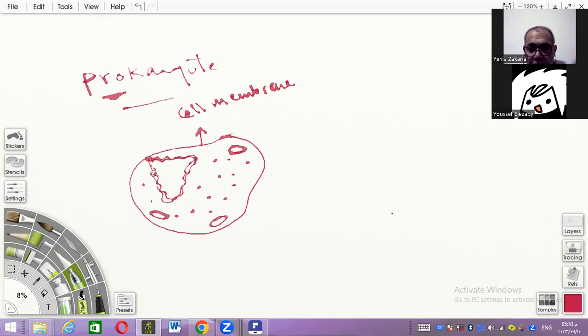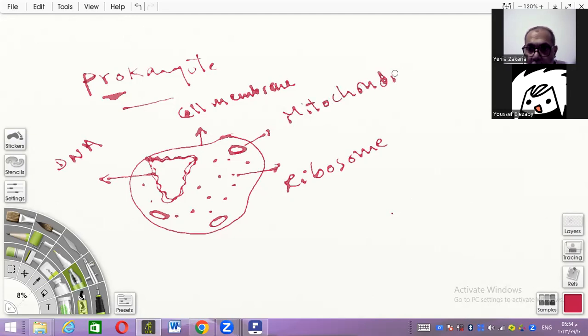This is the DNA. This is the ribosome. This is the mitochondria.